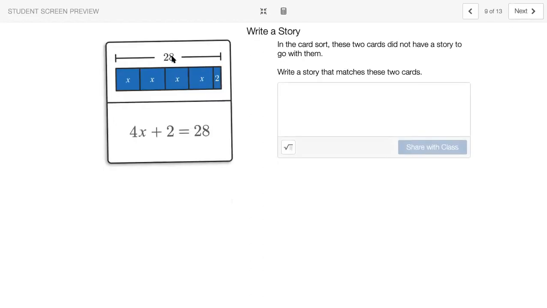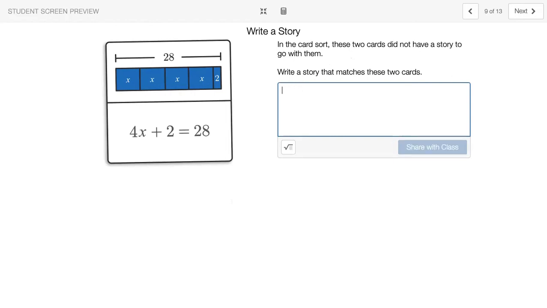It says in this card sort, these two cards did not have a story. Write a story. You can write any story you want as long as it has all the pieces. So you have to have something equal to 28.